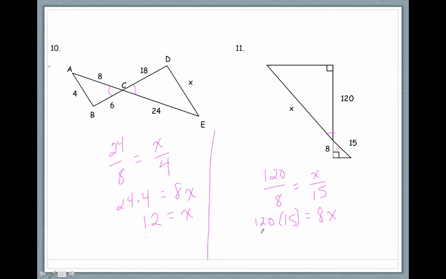Dividing by 8, let's see, 120 divided by 8 is 15. So x equals 225.